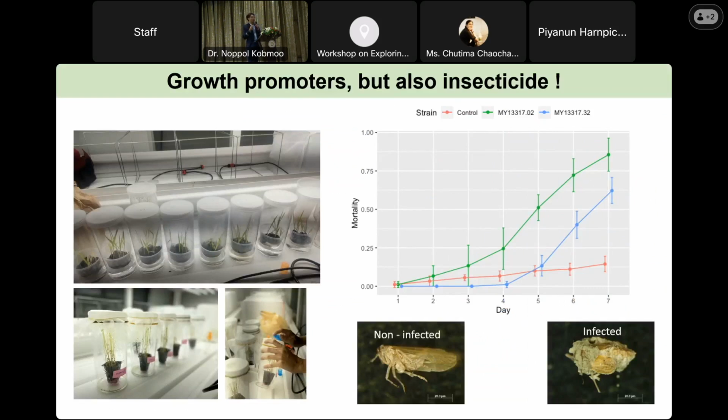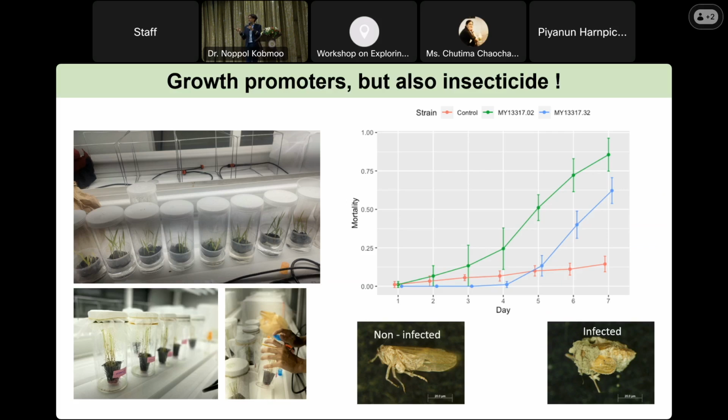And so we want to know whether our two candidate strains, the MY.02 and .32, can also be used as biocontrol agents against brown plant hoppers, which is a major pest insect to rice cultivation. So we just test them at the laboratory scale.